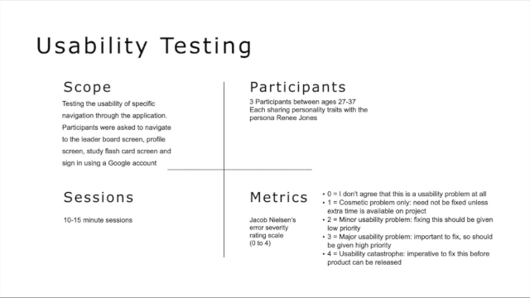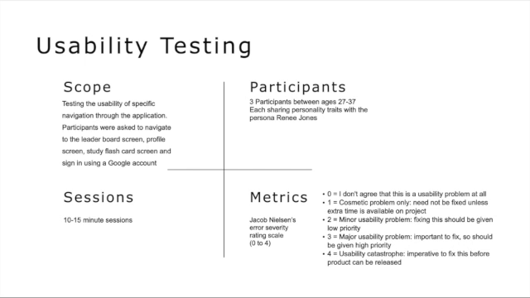Each session took between 10 to 15 minutes. I had a group of 3 participants between ages 27 and 37, each sharing personality traits with the persona Renee Jones. The metrics used were Jakob Nielsen's error severity rating scale, 0 to 4.